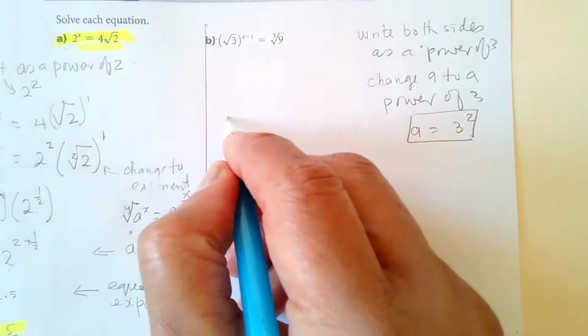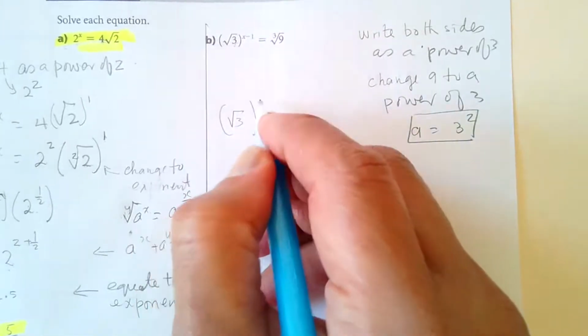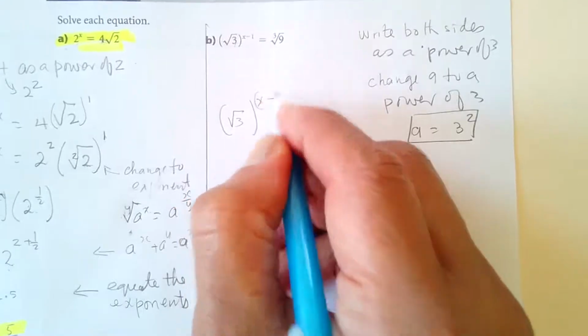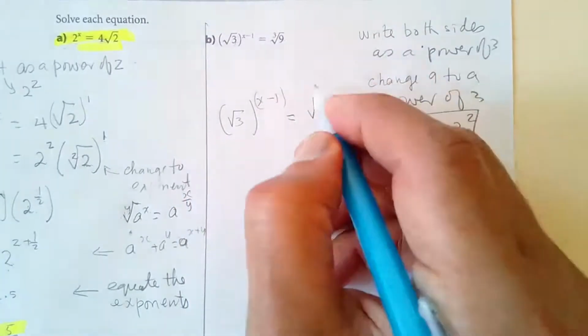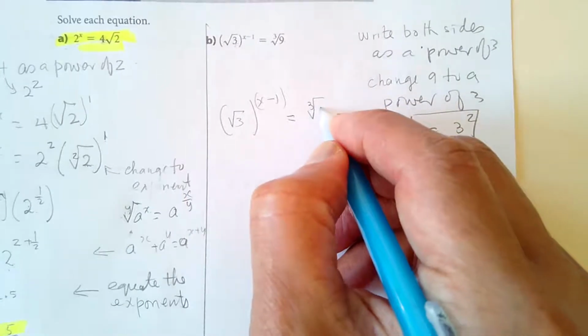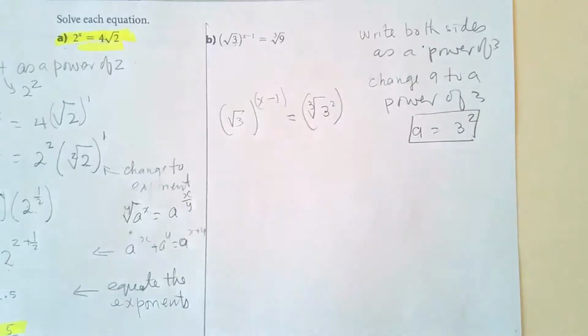So I'll rewrite that as the square root of 3 to the x minus 1 is equal to the cube root of 3 to the power 2. I'll put brackets around that to make it look nice and compact.